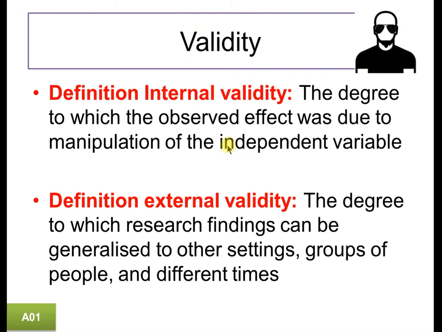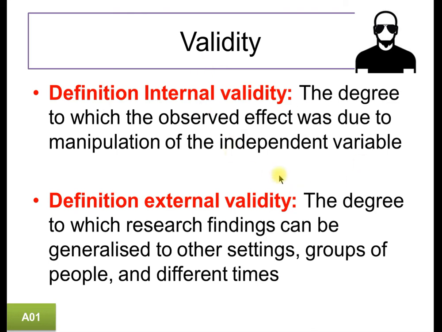So what is validity? There are two types that you're familiar with. We have internal and external. Internal really refers to what's going on in the study, and specifically it's the degree to which the observed effect, the measured dependent variable, the change in it, was the result of something you did deliberately.